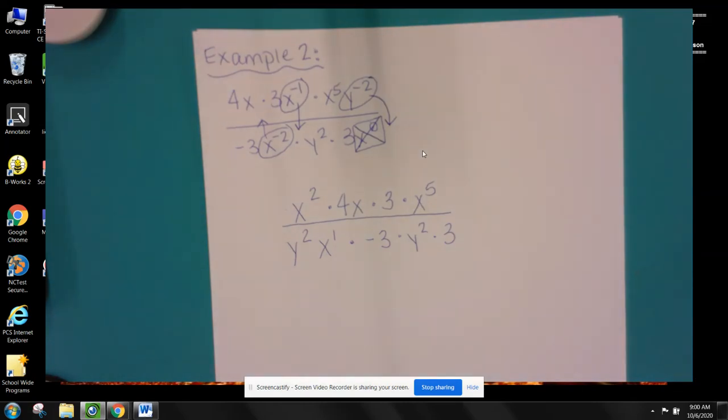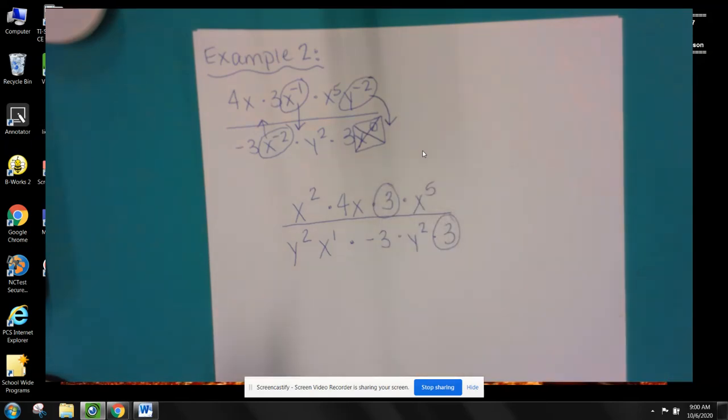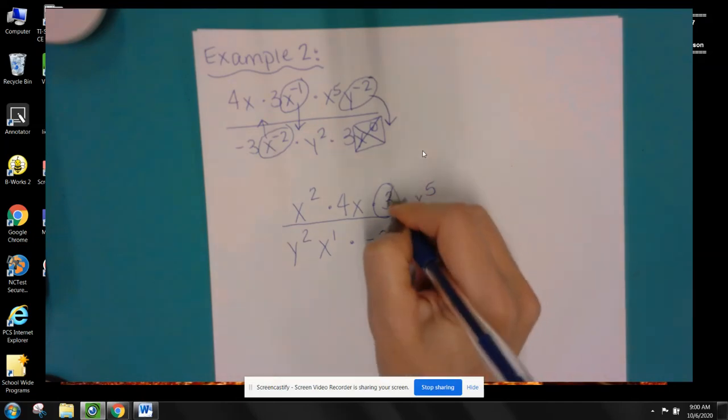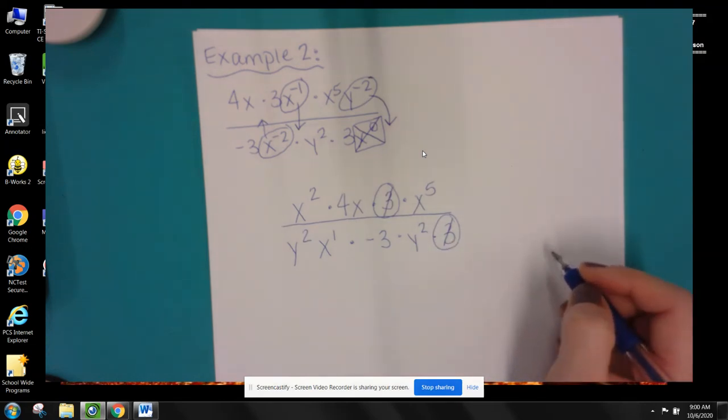So the next thing I'm going to look for is if there's anything that's identical in the numerator and the denominator that I know is going to also cancel out to create 1. Well, I see a 3 in the numerator and a 3 in the denominator. They're both positive, so I know that those are going to cancel out to create 1.